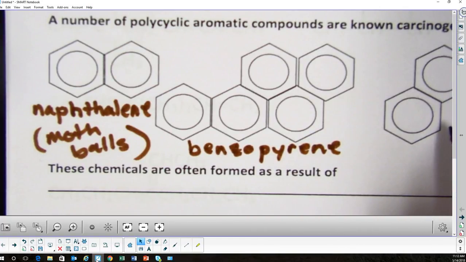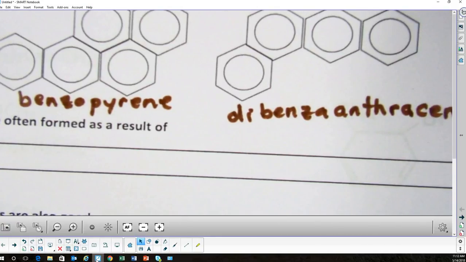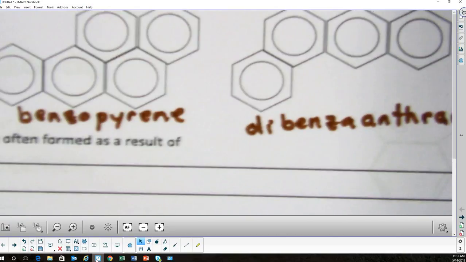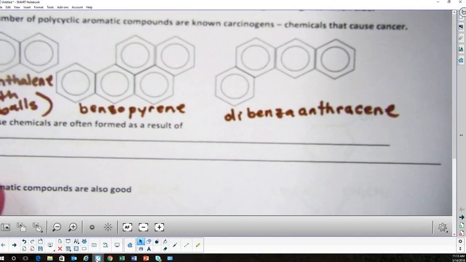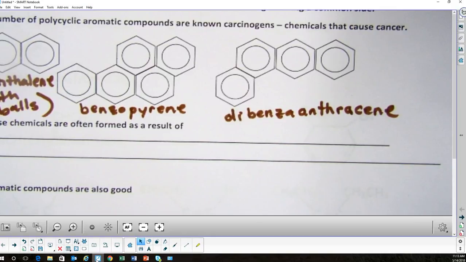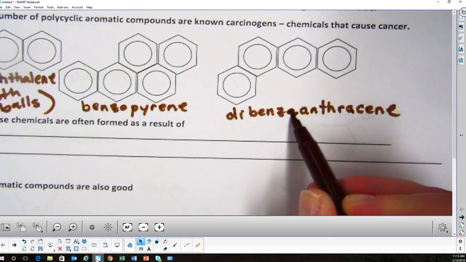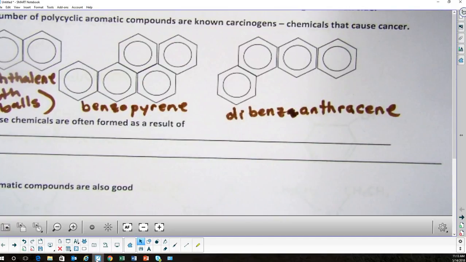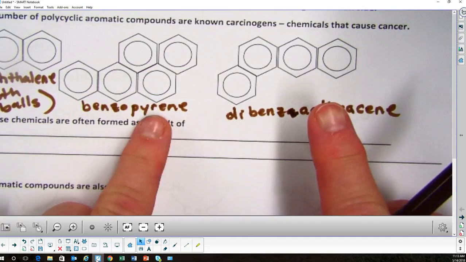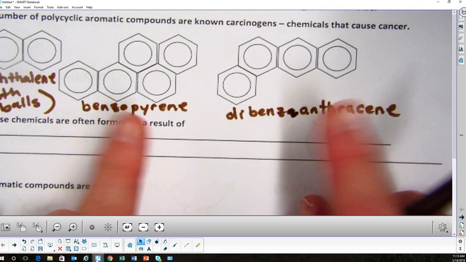And this one right here is known as dibenzoanthracene. Let me bring it out a little bit. No, there's only one A. I got a little crazy with the A's there. Sorry. Okay, these two, if you had a barbecue over the weekend, you probably made some of them.